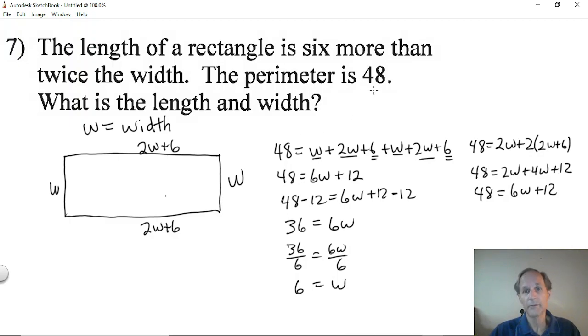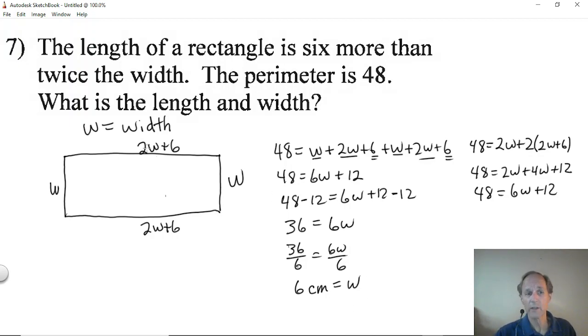It just says the perimeter is 48. Okay, 48 inches or meters or yards or miles, anything we want. So can't be too far wrong to just say centimeters. Why not? So I'm going to say it's 6 centimeters is w.